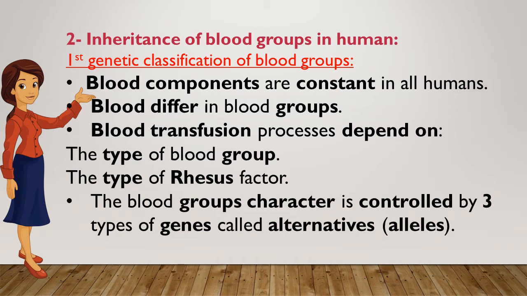While the liquid part of the blood is called the plasma. The percentage of the plasma is about 54% of the total volume of the blood. So the blood is totally in liquid form.